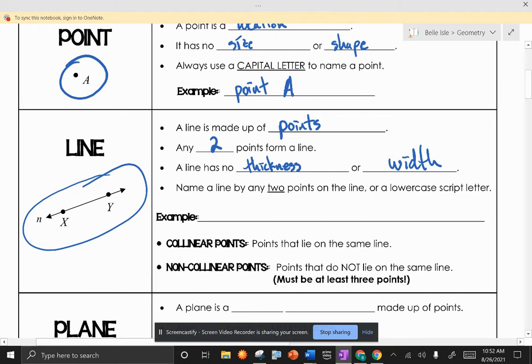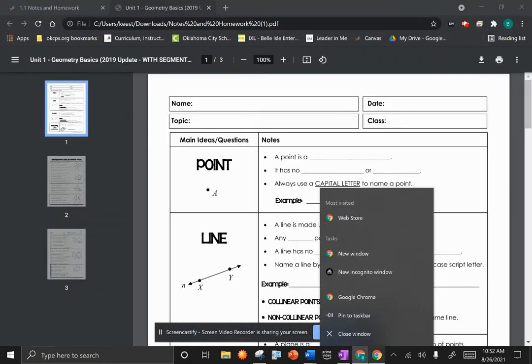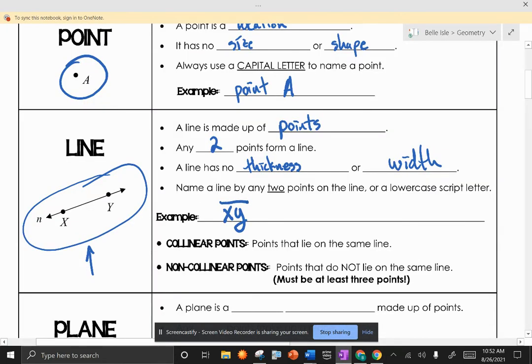No? Okay. So with this line over here, we have points X and Y. So we would write the XY line as XY with a what over the top of it? A line. A line with arrows on either side.